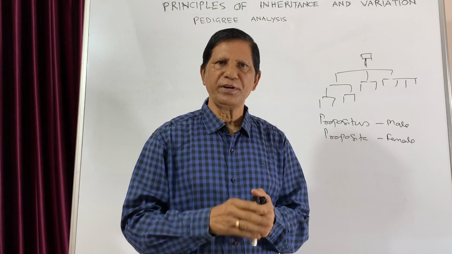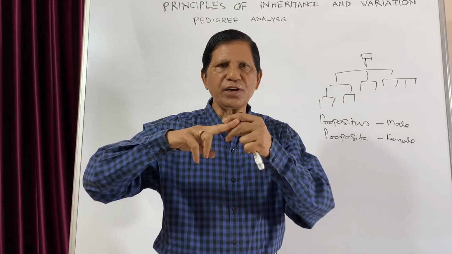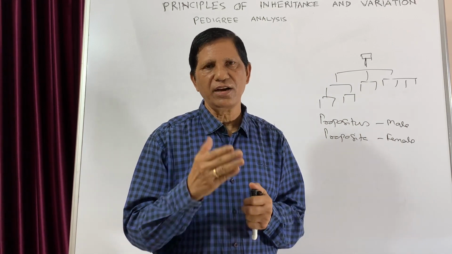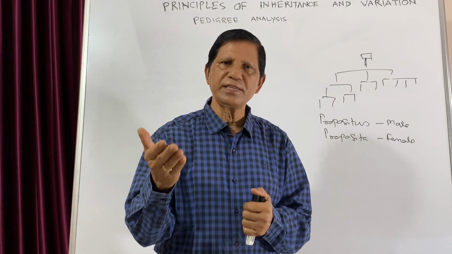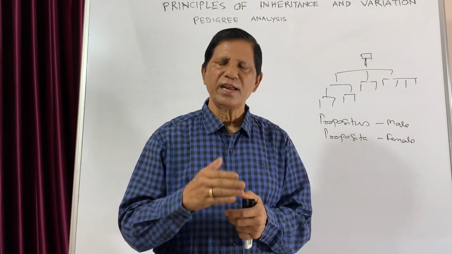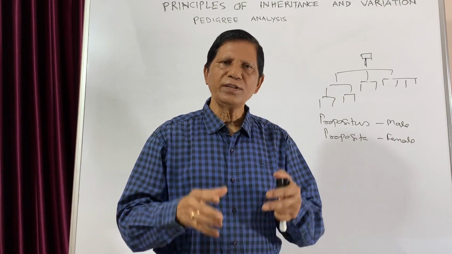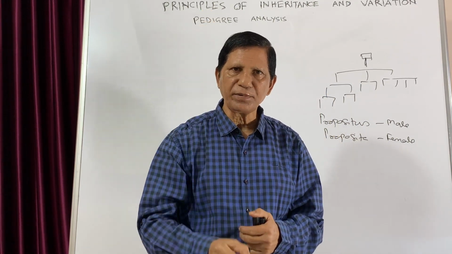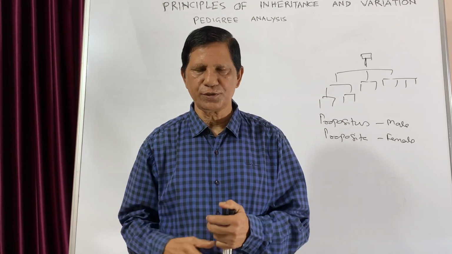Coming to deformities, some people have 6 fingers, some have jointed fingers, and some have very little fingers. These are all inherited. Similarly, different diseases like sickle cell anemia, color blindness, hemophilia, phenylketonuria, alkaptonuria are all inherited. So what is the pattern of inheritance? That we have to study by means of pedigree analysis.